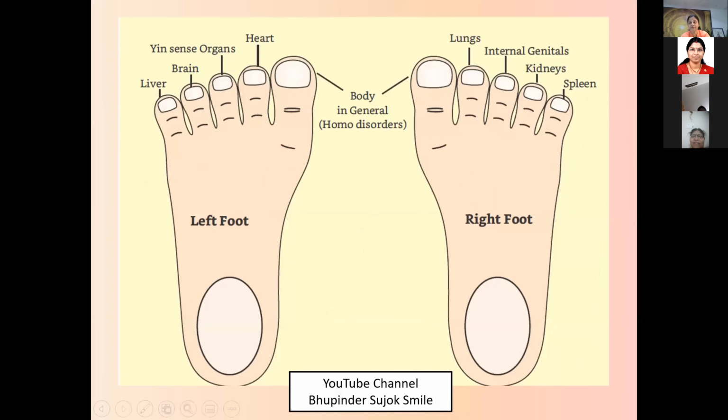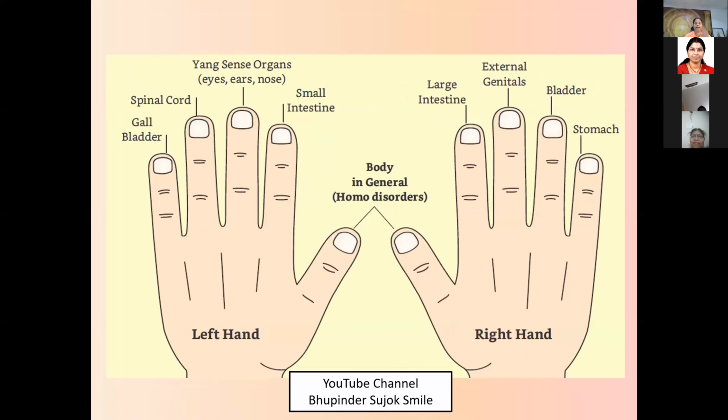So this is lung, and middle toe, internal genitals, then ring toe, kidneys, and little toe, spleen. Now, for example, yin sense organ, like yang sense organ, which we discussed last time, in left hand, middle finger: eyes, ears, nose.